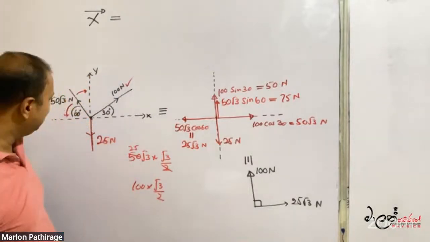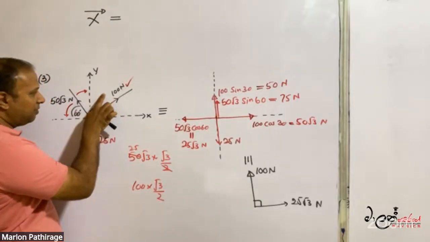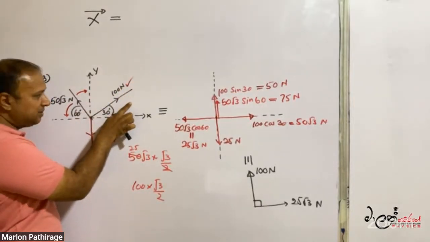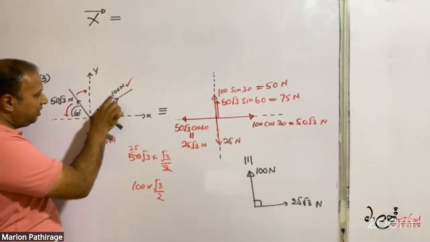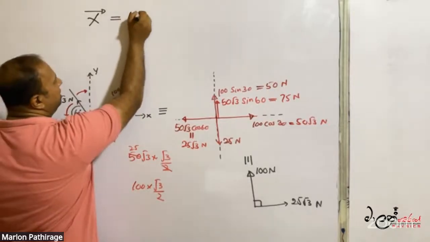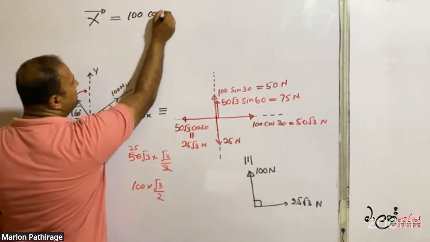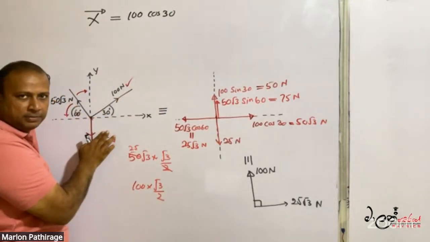Look at this one. What is the resolved component of 100 Newton force into the x direction? It will be 100 Newton cos 30. That is in this direction, therefore it will be positive.